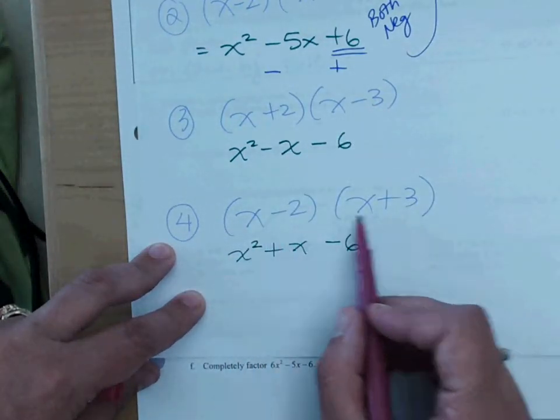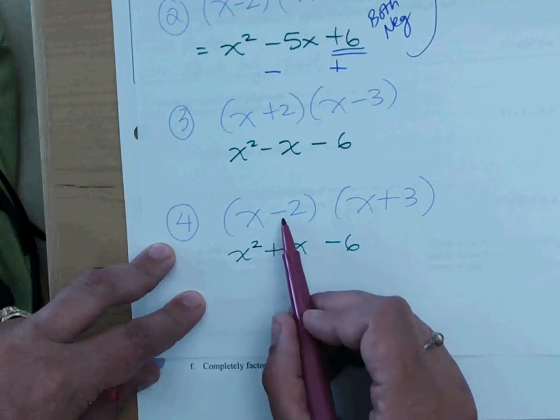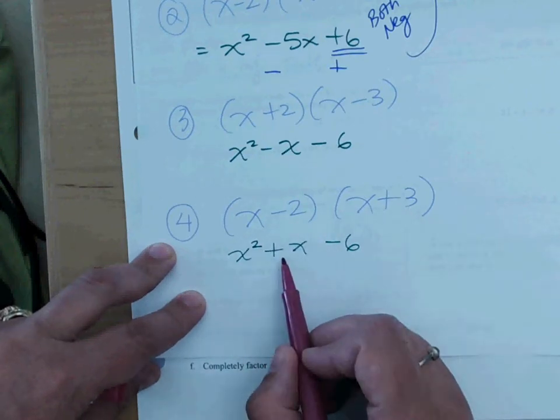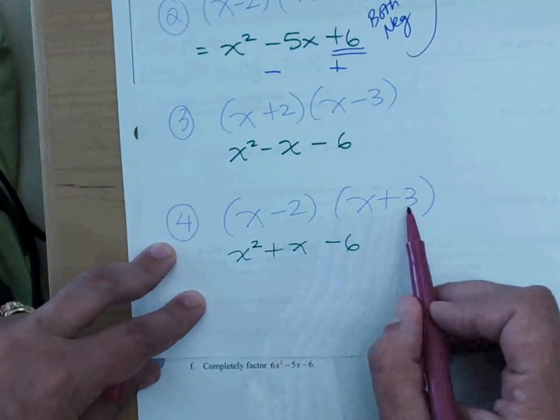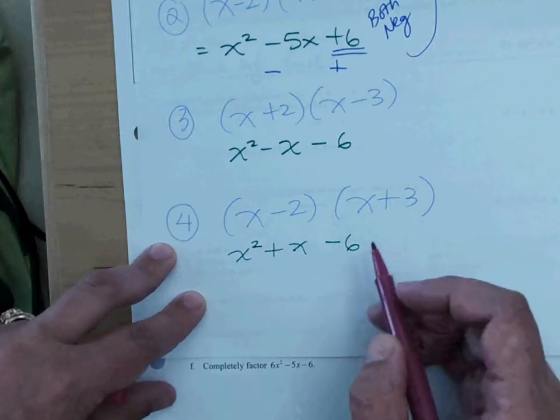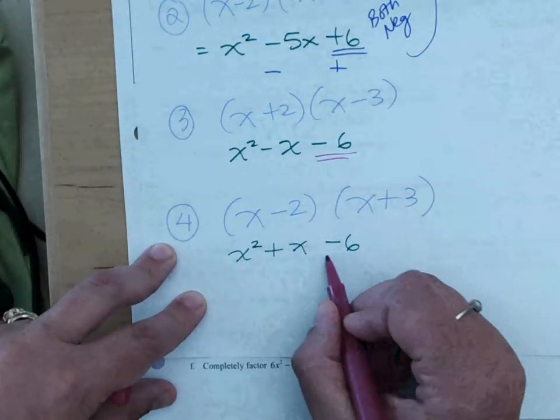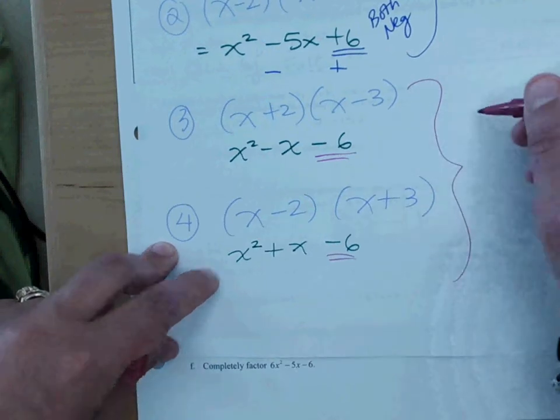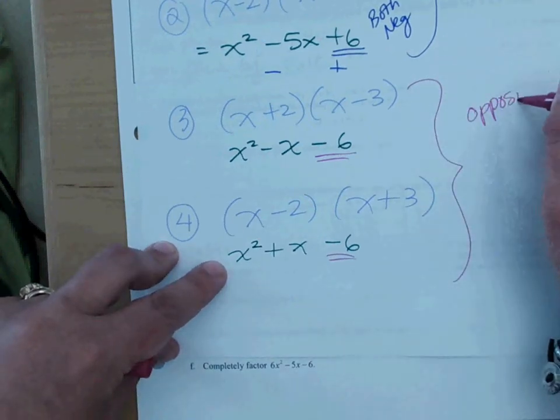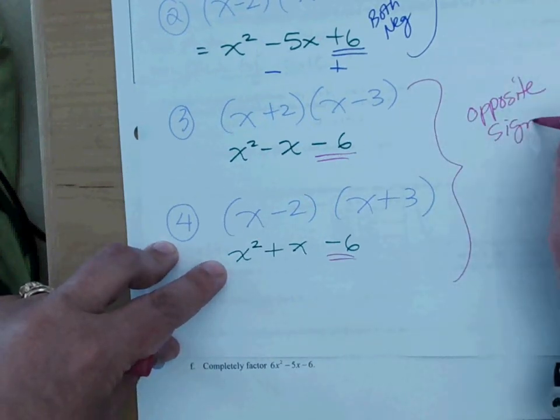Here we have two opposite signs. -2 plus 3 gives us a +1. -2 times 3 gives us a -6. So anytime the last number is negative, we're going to have opposite signs.